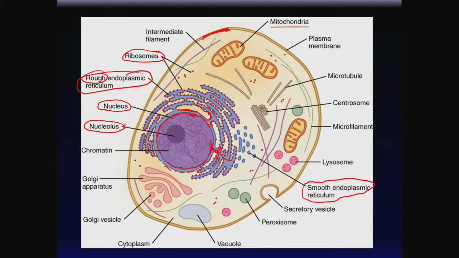And notice the two different types of endoplasmic reticulum. Now you see in this picture also the Golgi apparatus. Golgi apparatus looks to students very similar to endoplasmic reticulum, but after a while you get to see the difference. They look different.